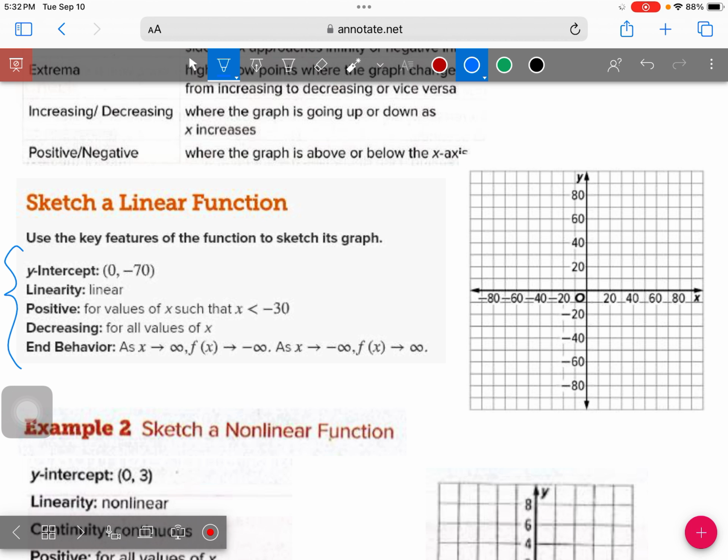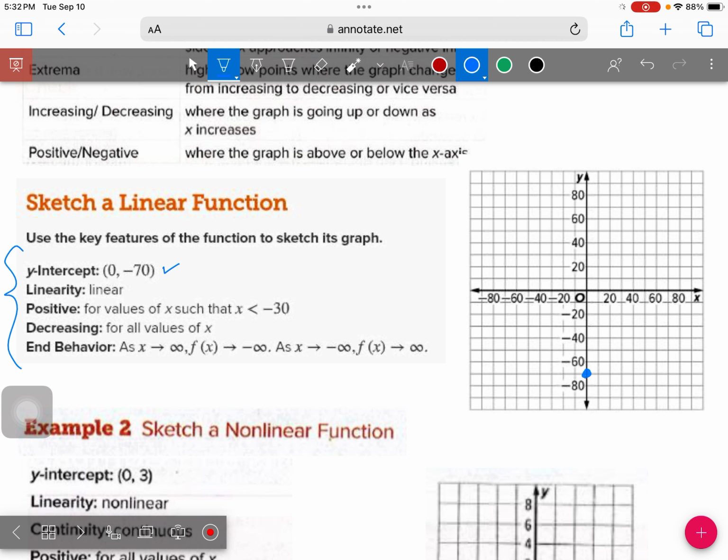So first of all, it says I have a y-intercept at (0, -70). So that's going to be that point right there. That means my graph is crossing that y-axis at this y-intercept. I'm going to put a little check mark there.